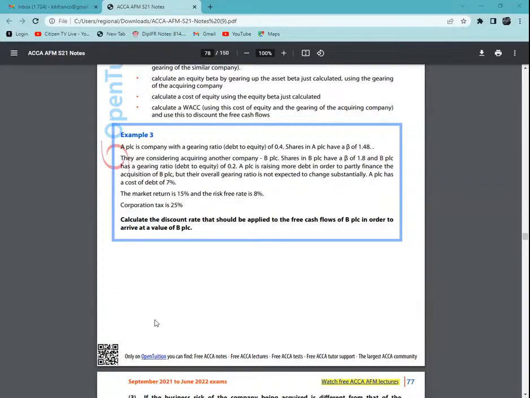The beta which will become relevant is the beta of the new business, called B Limited, which has a beta of 1.8. So the 1.48 beta of A becomes irrelevant. The one that we shall use is the one of what here, somebody? 1.8 of B company. So Mary, does that help?